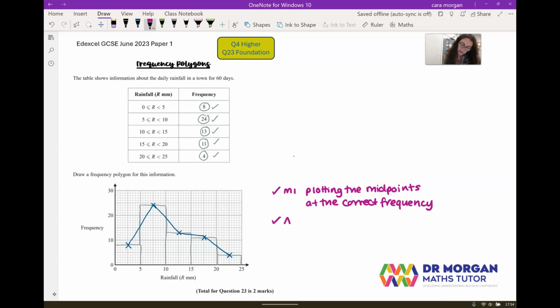And I'm going to have an accuracy mark for getting it all right and joining each point with a straight line to the next one. And that is how to draw a frequency polygon. Good luck in your exam.